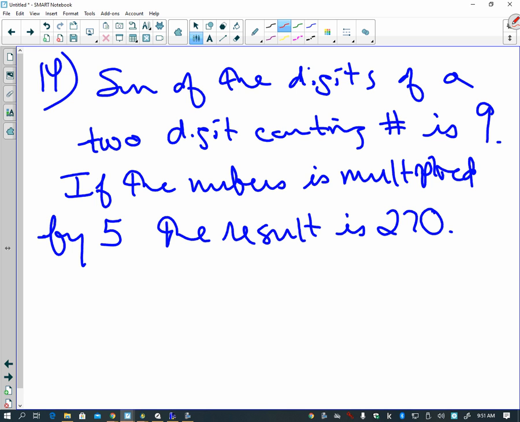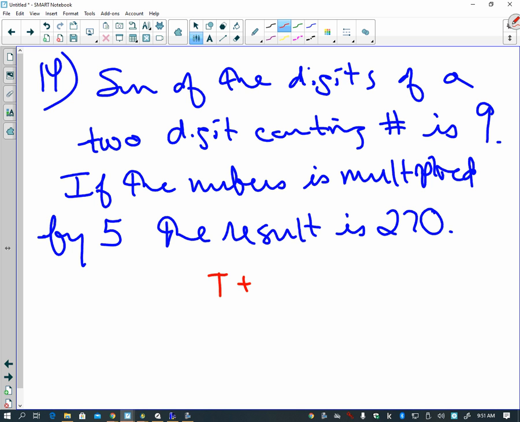Okay, go ahead. What's the first equation? I need to write and solve a system of equations. What could we use as a variable for the tens digit? Okay, t for the tens digit plus the ones digit, o.